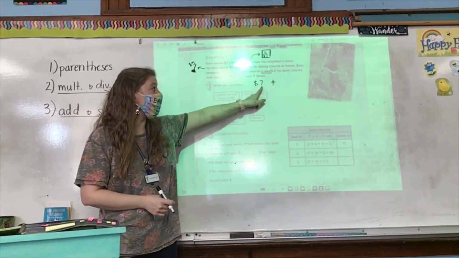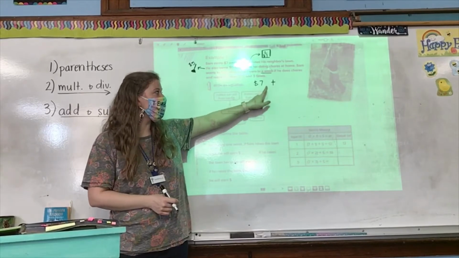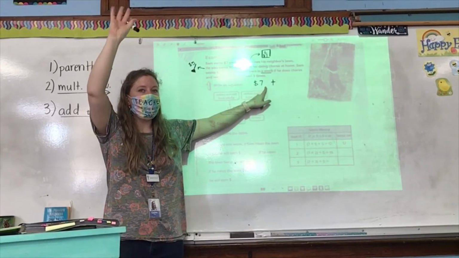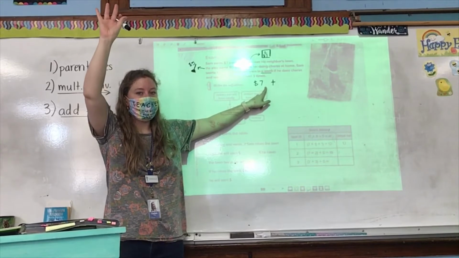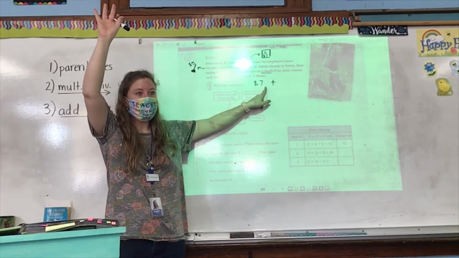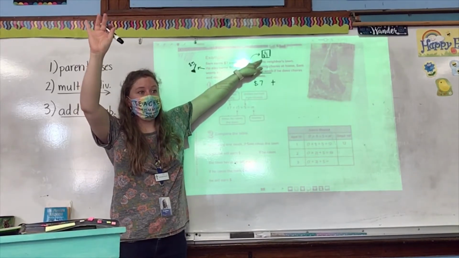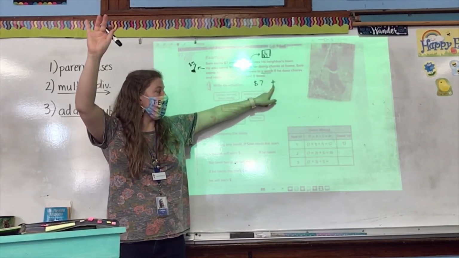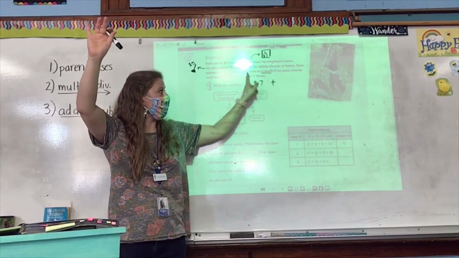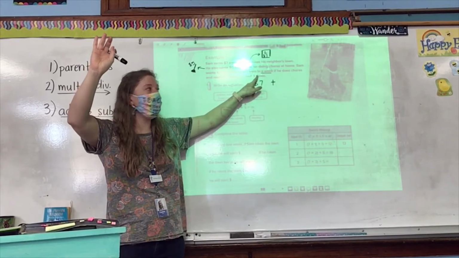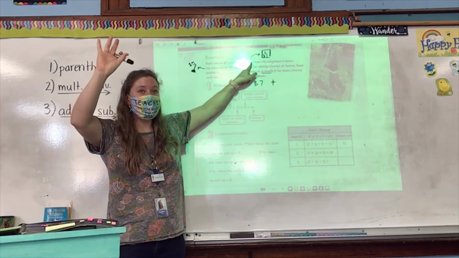If he gets $7 every time he rakes, what operation are we going to be using to figure out how much money that is? If he gets $7 every time he does this, so we're figuring out, okay, 1 time, 2 times, and 3 times. Do we add the number of times he rakes to the money he gets for it?